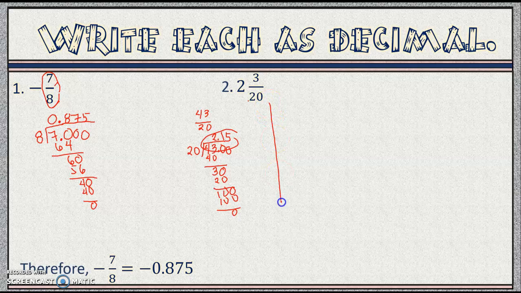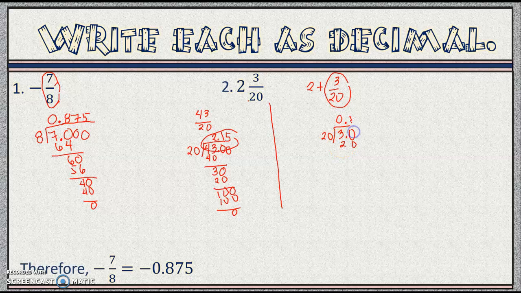Another way is to treat 2 and 3 over 20 as 2 plus 3 over 20. We will just express 3 over 20 as decimal. So 3 divided by 20. We cannot divide, so we will add 0. We will treat it as 30 divided by 20, so 1.